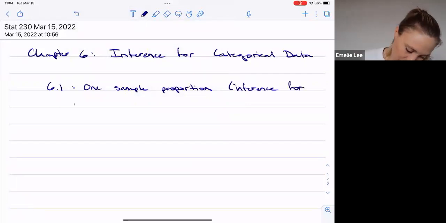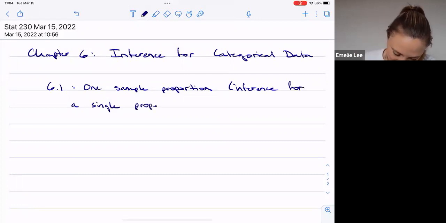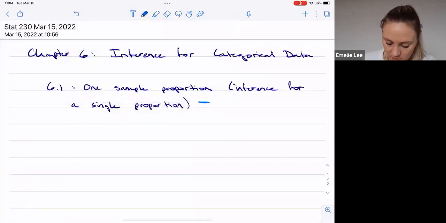Single proportion is what the section is called.